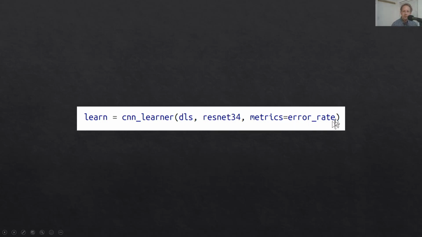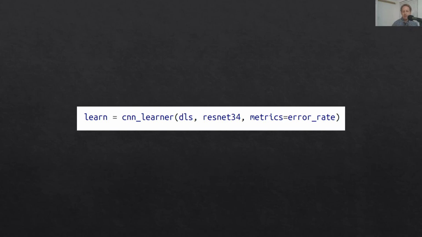Right now, though, I wanted to focus on this part here, which is metrics equals error rate. This is where you list the functions that you want to be called with your validation data, and printed out after each epoch. An epoch is what we call it when you look at every single image in the data set once.